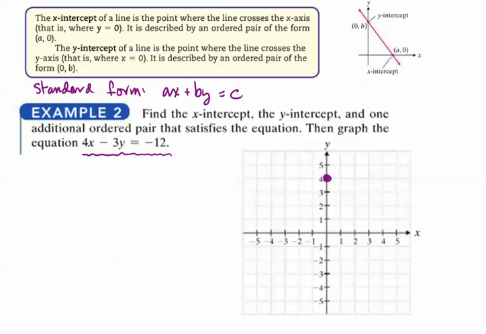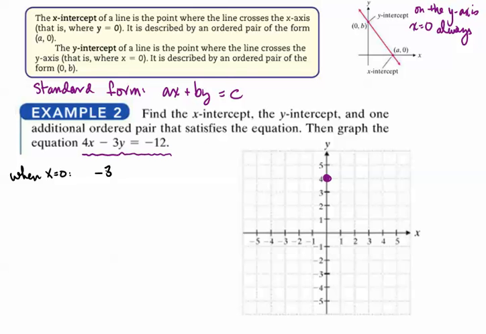And something very important happens anywhere along the y-axis. On the y-axis, x equals 0 always. For any point on the y-axis, x will always equal 0. So if we want to find out where the graph crosses the y-axis, we simply have to set x equal to 0. When x is equal to 0, we get 4 times 0, which is 0.